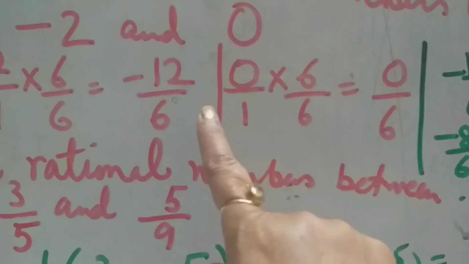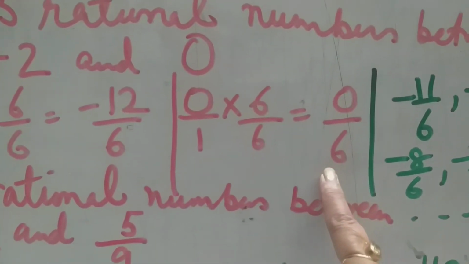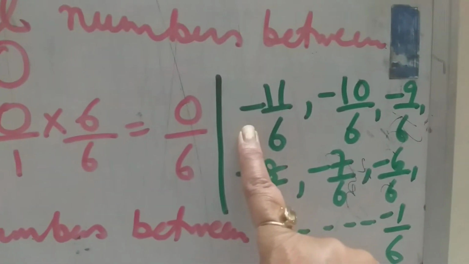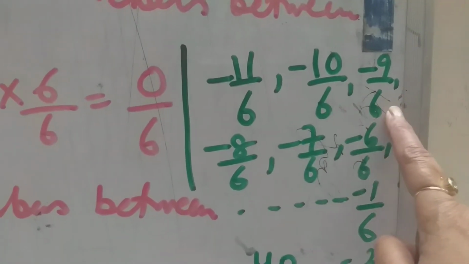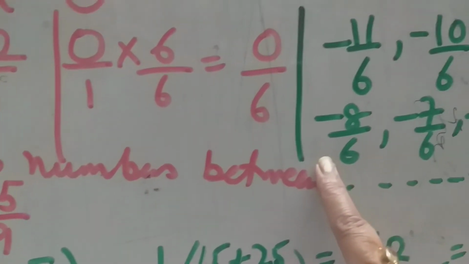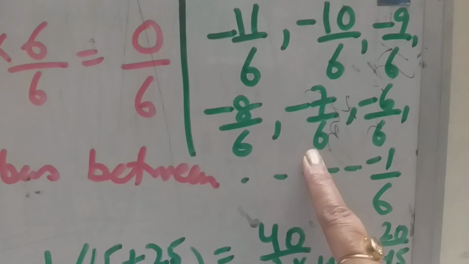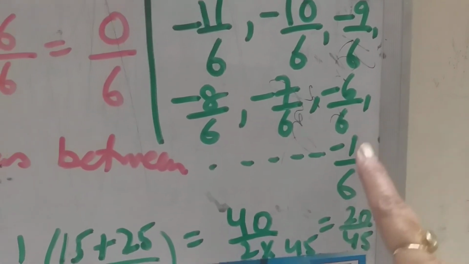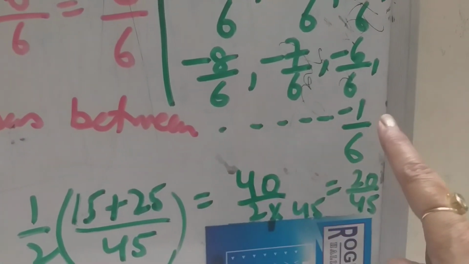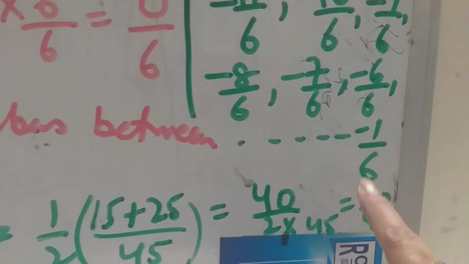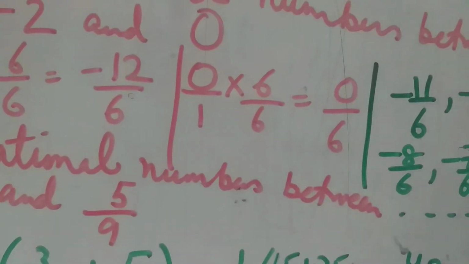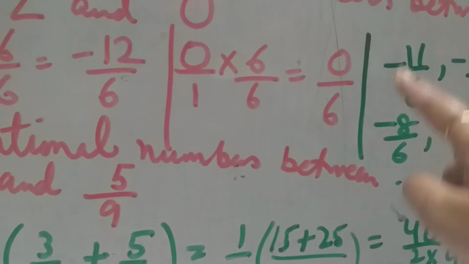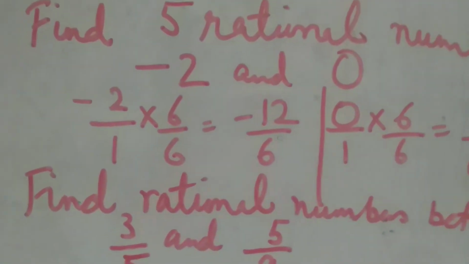So all the numbers lying between minus 12 upon 6 and 0 upon 6, like minus 11 upon 6, minus 10 upon 6, minus 9 upon 6, minus 8 upon 6, minus 7 upon 6, minus 6 upon 6. Same way we'll continue till we reach minus 1 upon 6. Any number we can choose out of these. Any 5 numbers can be the answer of the given question.